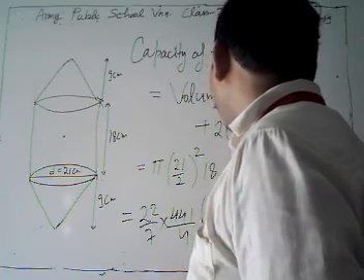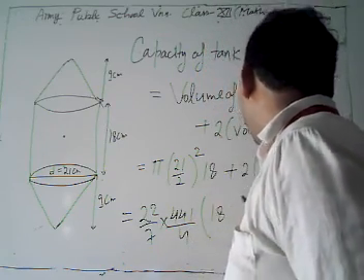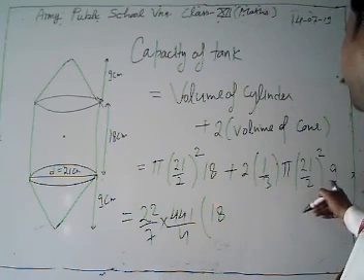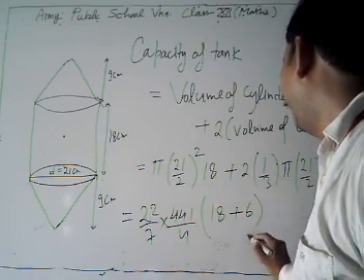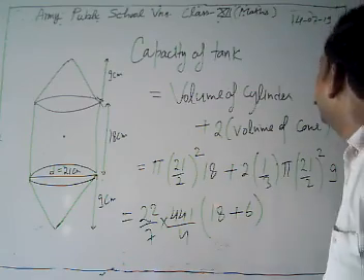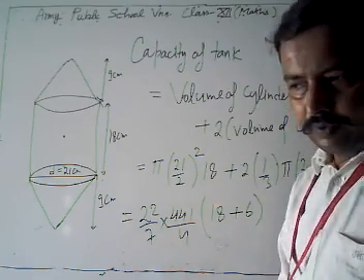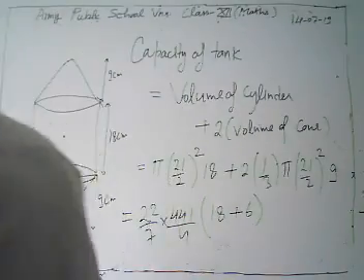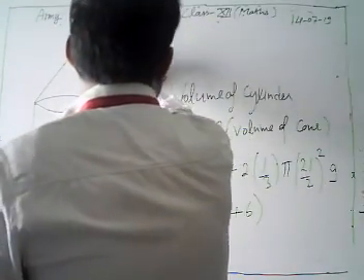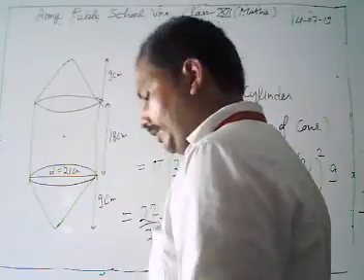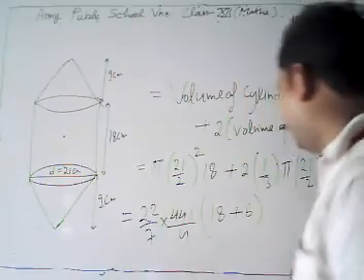Now what do we have? We have here 18 and here it's 3 3 is 9, 3 2 is 6. We have 6 here. Now we can also solve it.